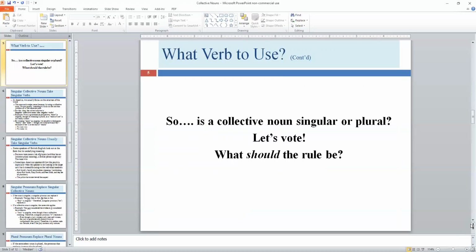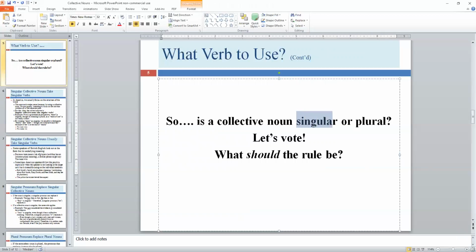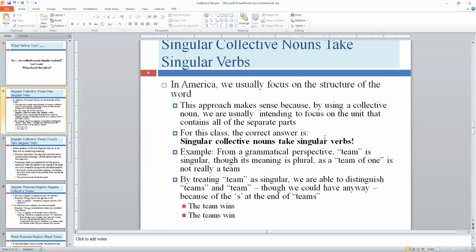But most of us, especially if we grew up speaking American English, are going to lean toward using a singular verb. And that's because in English we focus more on the structure than its inherent meaning. Because we have the collective noun in a singular structure, we're usually going to use a singular verb.